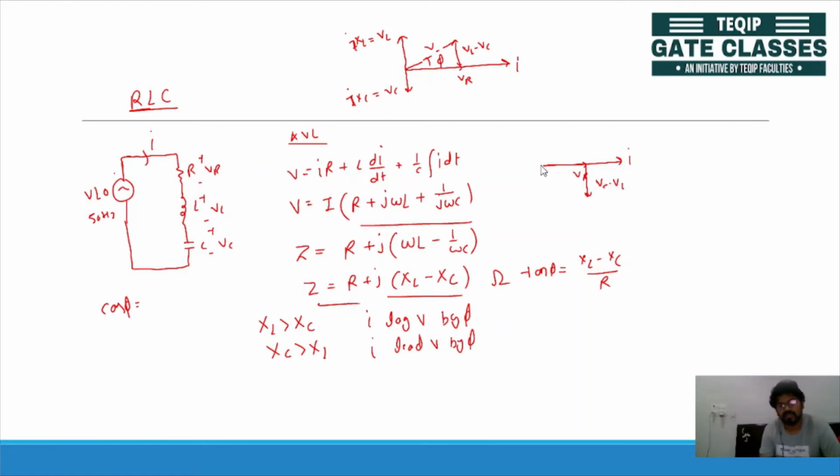And you will get your V like this, and this V will lag the current, the final current, because it will be a capacitor circuit. Okay, so this is your series RLC circuit.